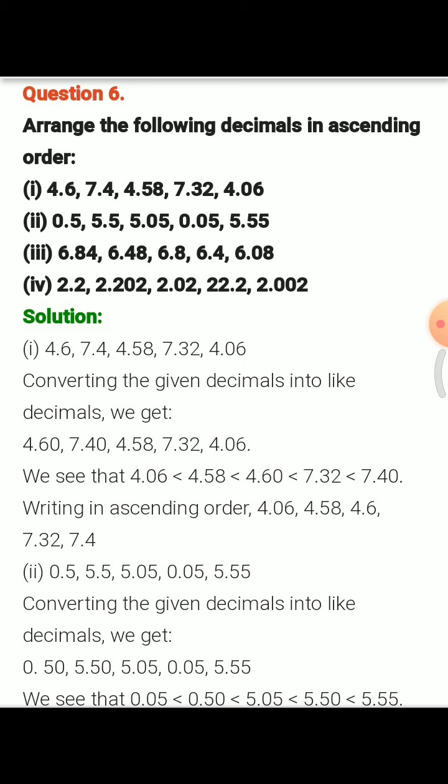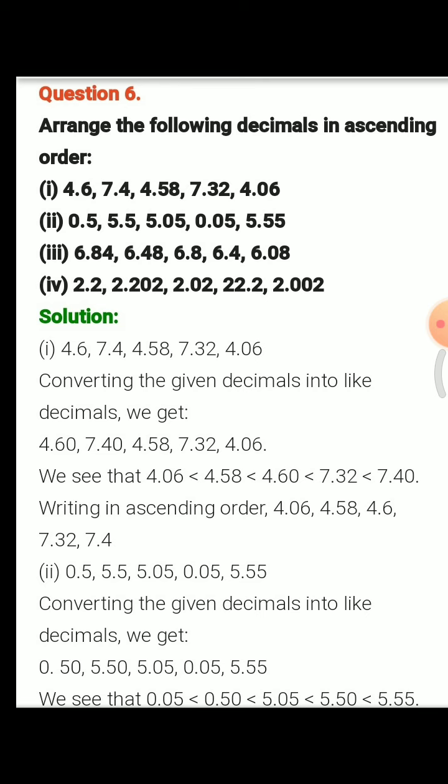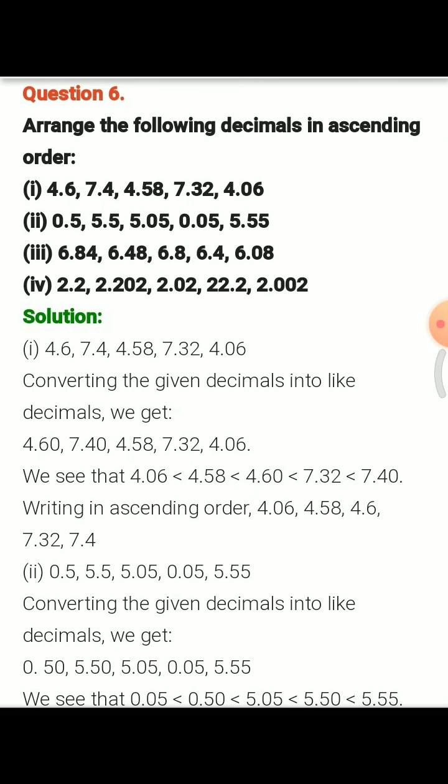So your answer will be, at first you see how many highest places, so 2 digits, which is 4.58 and 7.32. So after that you convert all terms into like terms. Okay, 4.60, 7.40, 4.58, 7.32 and 4.06. Okay, after that you see very easily which one is less.